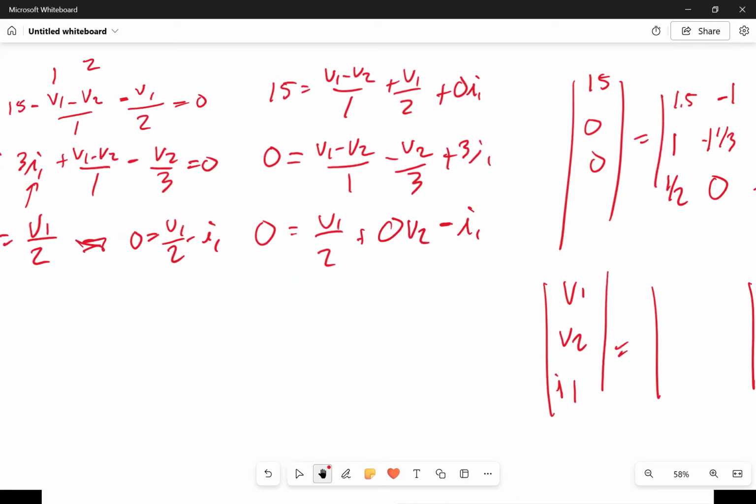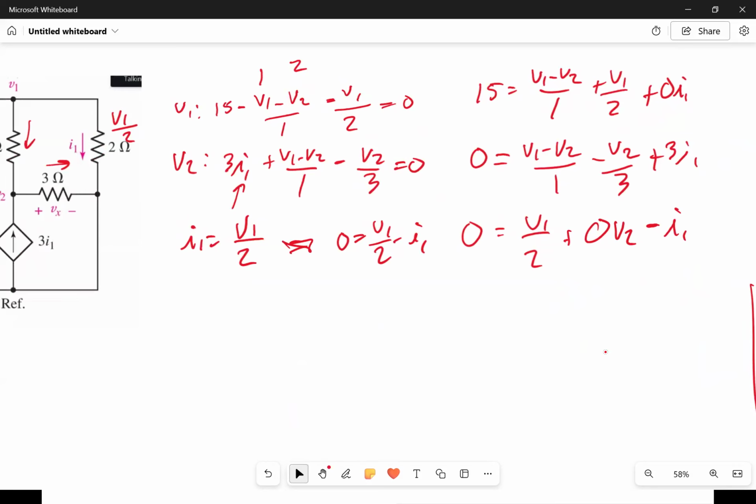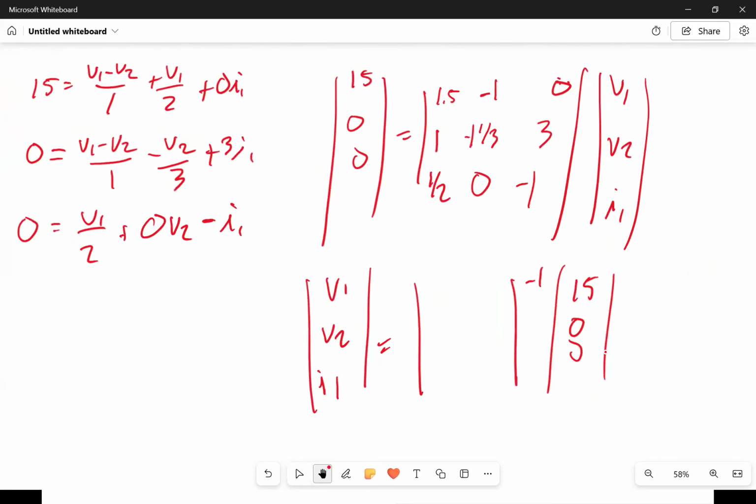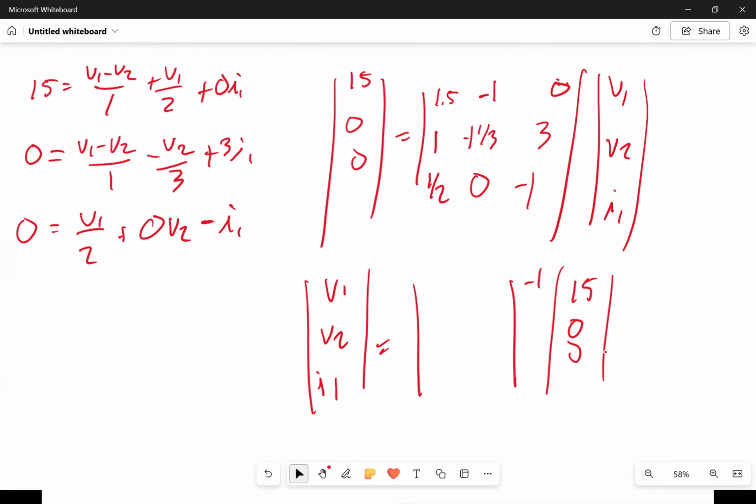If I did substitution, I would have to substitute this into here, and then I've lost I1, so I'd still have to calculate I1 after the fact. But in the matrices, I actually kept it in, so the calculation gives me the value of I1 that I need. That's the nice thing. It makes it a lot more efficient for you, a much better way to do that.